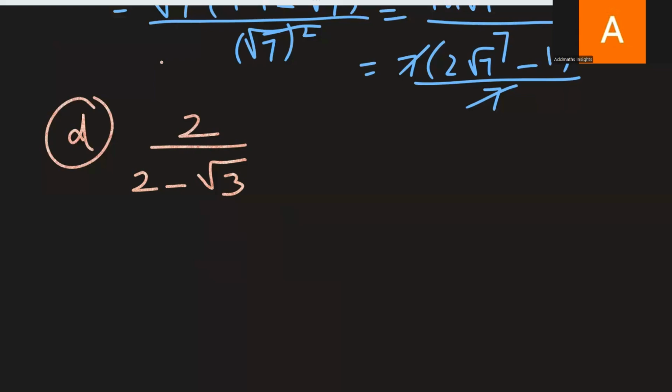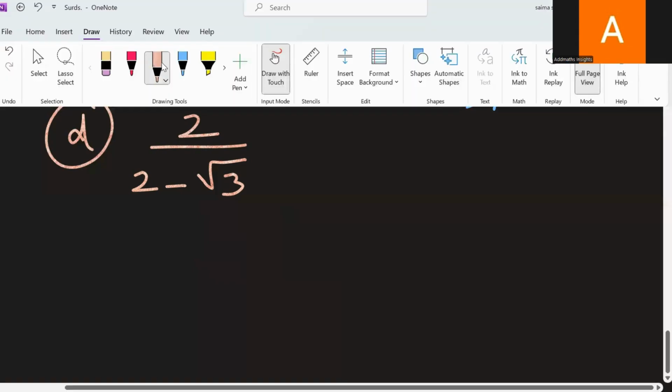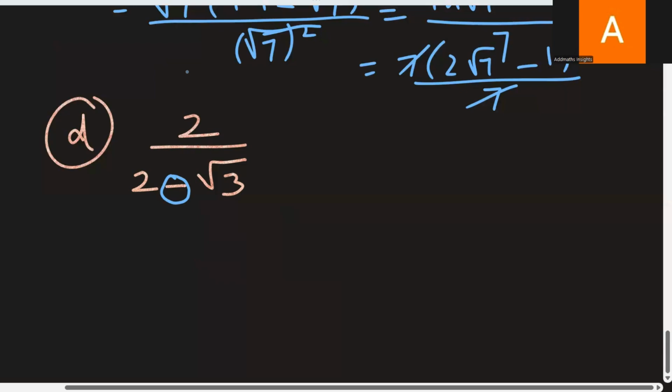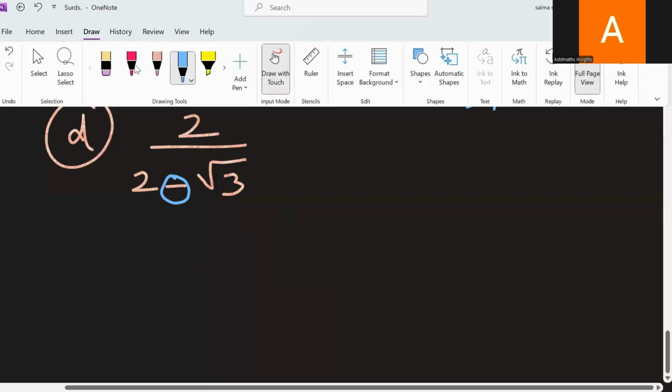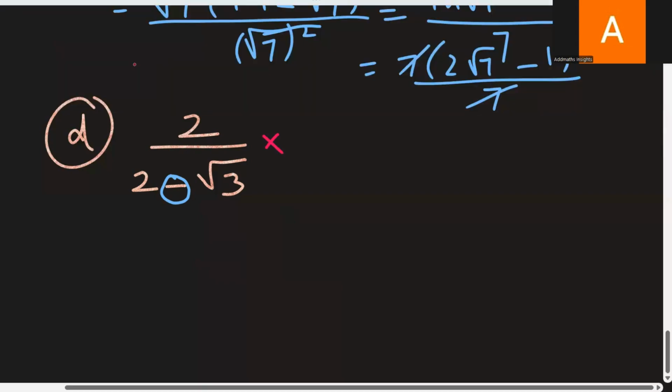In the case of a conjugate, you need to change this sign. You're supposed to change this sign, and then you multiply and divide by that number. Like this: you multiply by 2 plus root 3, and 2 plus root 3.